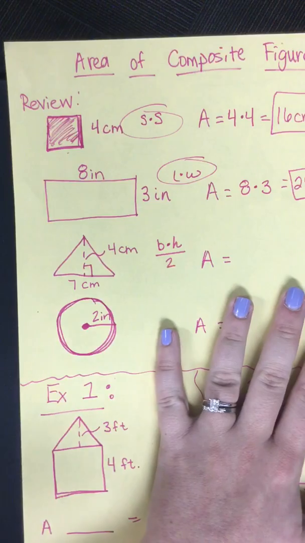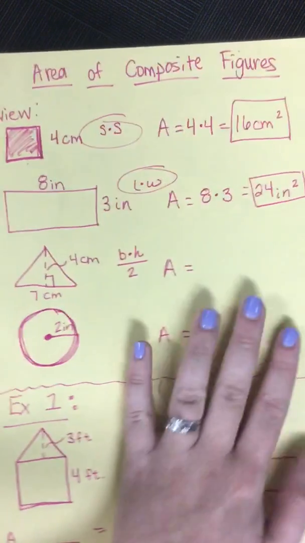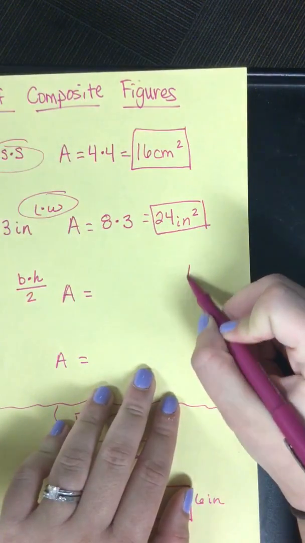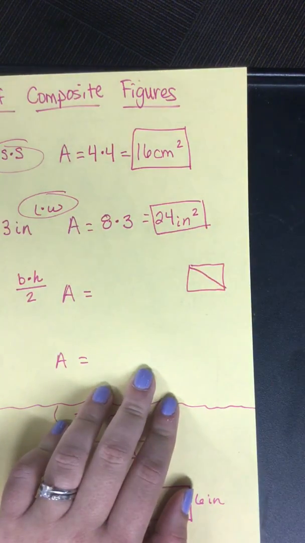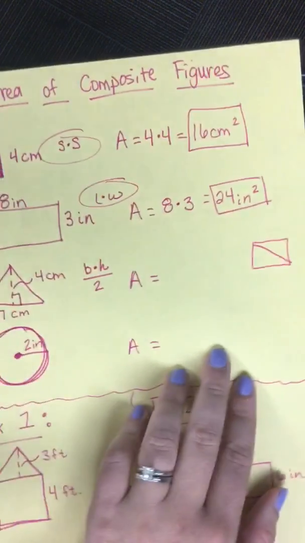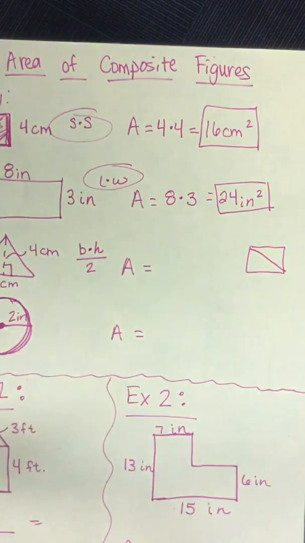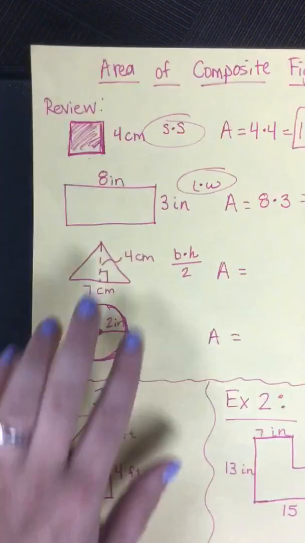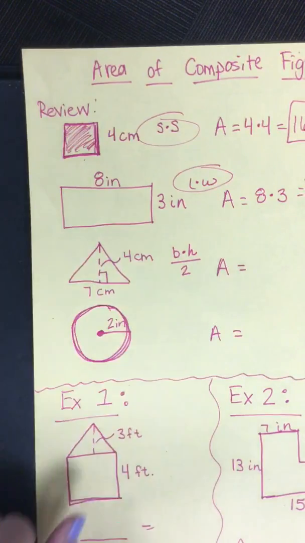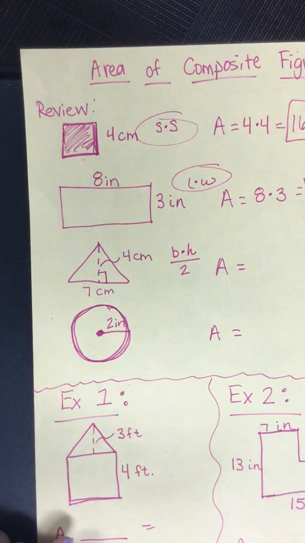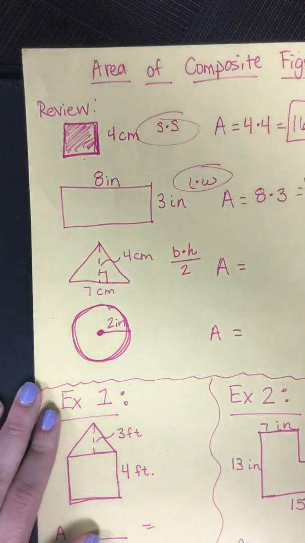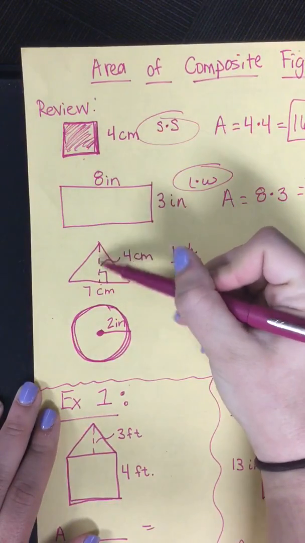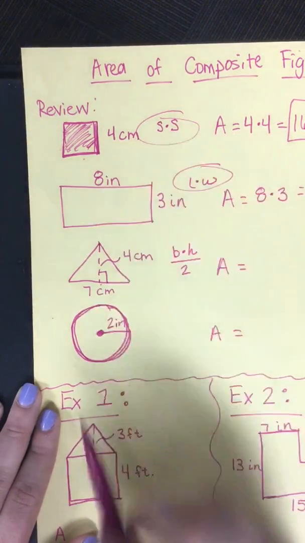You guys probably saw at some point during a video where somebody did this and then said how many triangles are in there, right? We're taking a rectangle and we're cutting it in half. That's what we're doing. That's why it's base times height divided by 2. Okay? Remember though, height has to be a straight up and down line that is from the base up to the point of the triangle, okay?